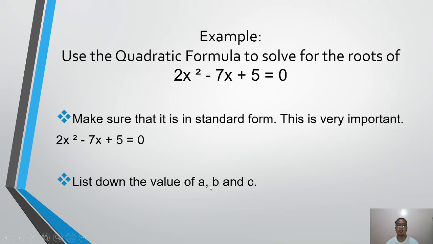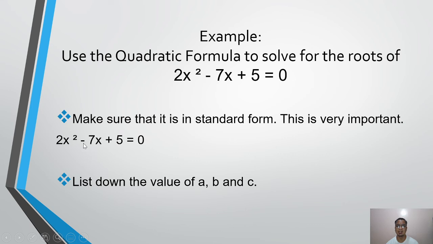i-identify natin yung value ng A, B, at saka C. So, kagaya nabanggit ko, ang value ng A, yung palaging kalapit nung may exponent na 2. So, eto yun, yung numerical coefficient. Ang value ng B ay yung kalapit ng variable na ang exponent ay 1.